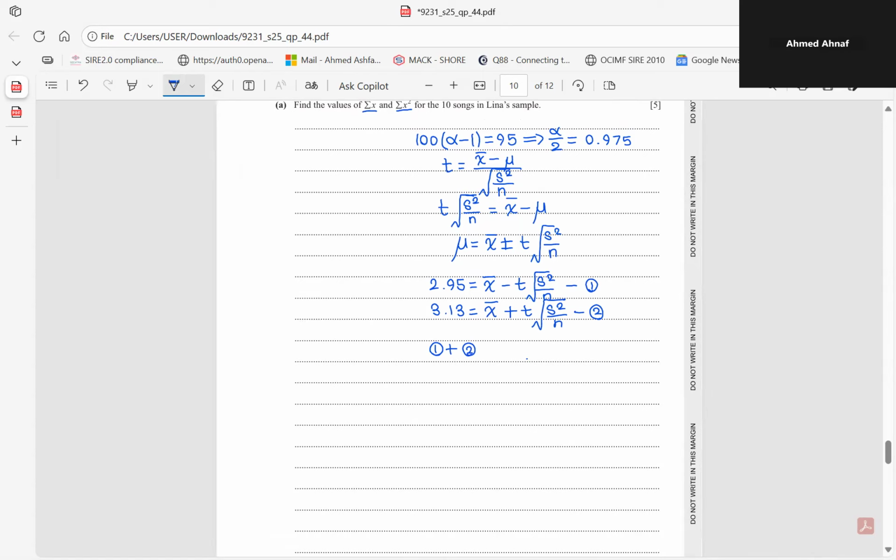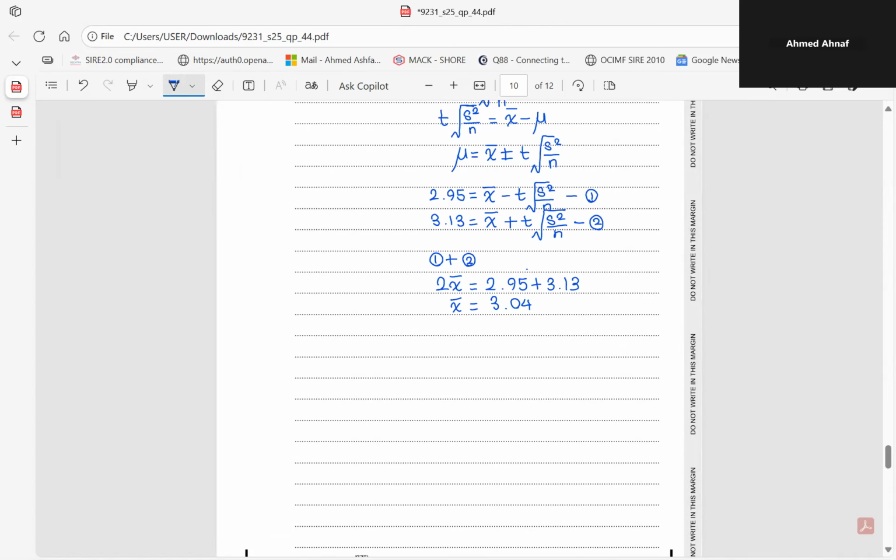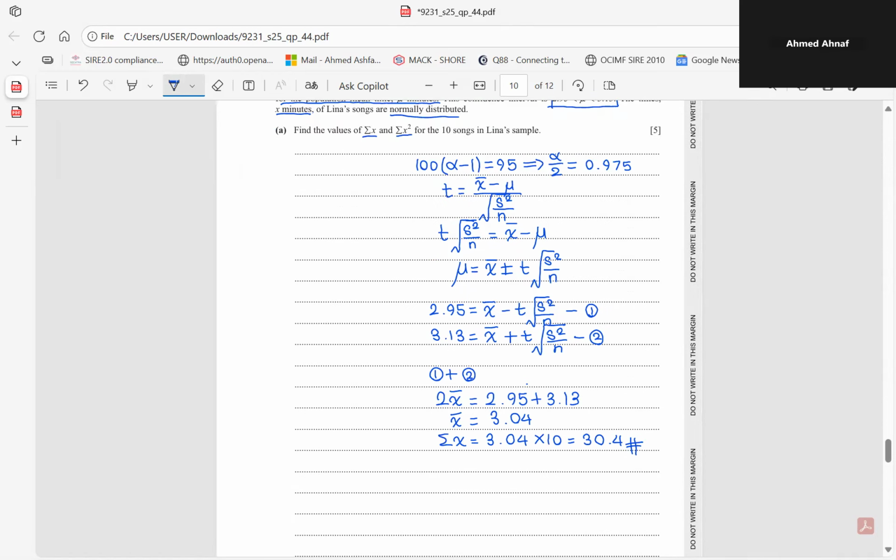You'll get 2 x bar equals 2.95 plus 3.13, and then x bar would be 3.04. From this, we can easily find our sigma x, because x bar is sigma x over n. So 3.04 times 10, you get 30.4. This is our answer for sigma x.